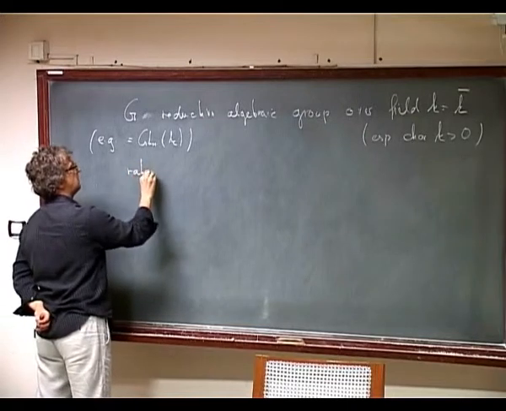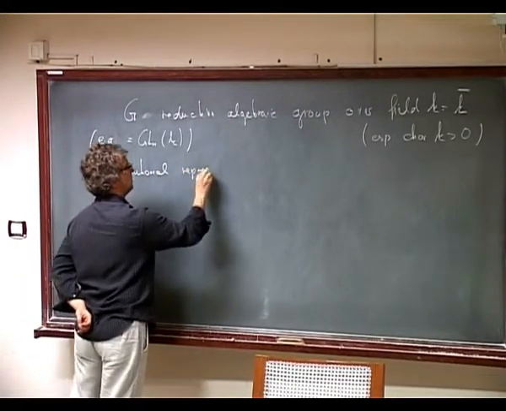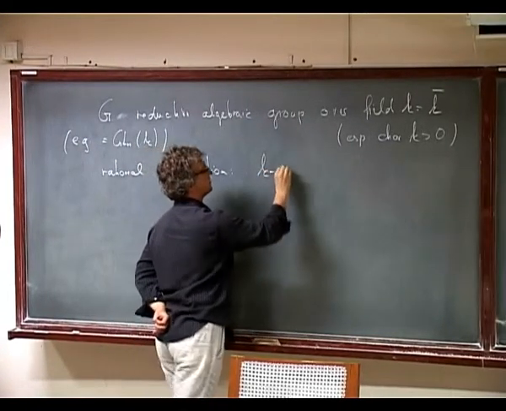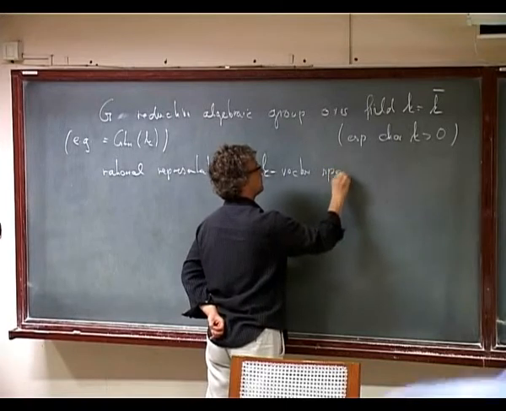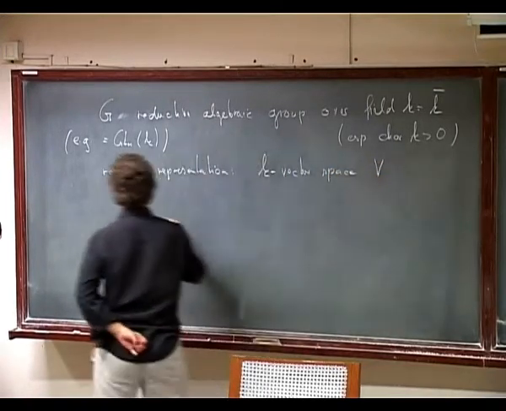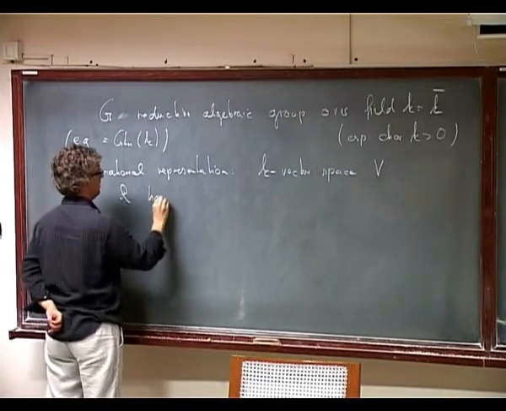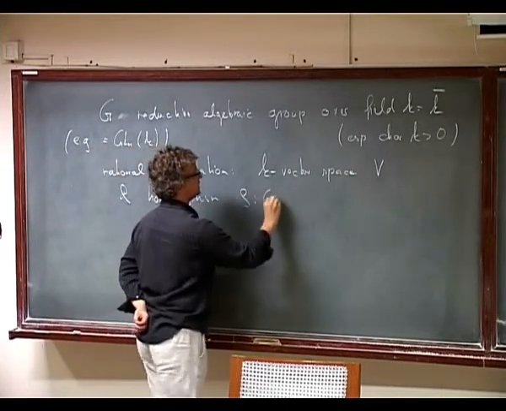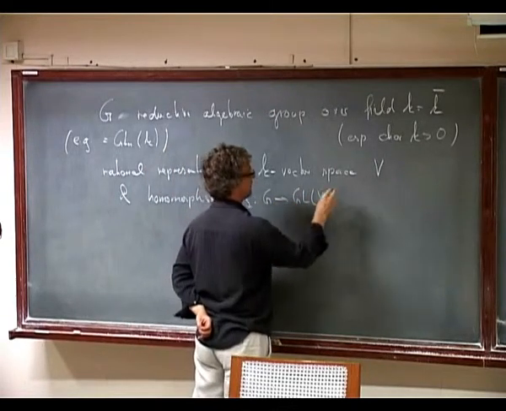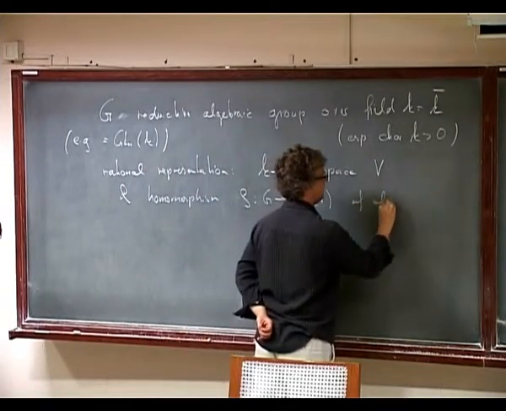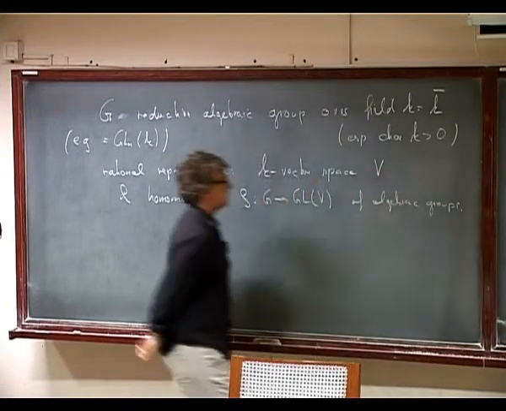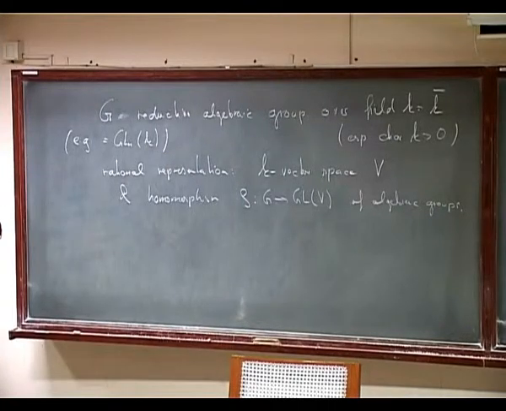So a rational representation is just a K vector space V and a homomorphism rho from G to GL(V) of algebraic groups. So this should be both a homomorphism of groups and a morphism of varieties.